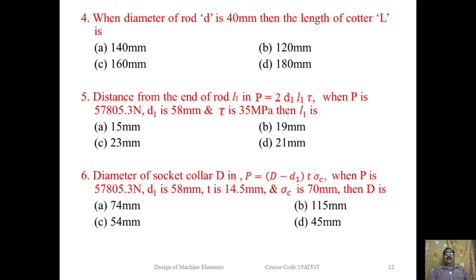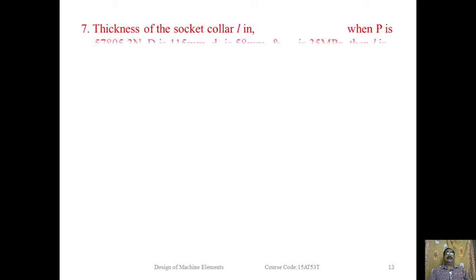The options are A, 74 mm; B, 115 mm; C, 54 mm; and D, 45 mm. After substituting the values, we can calculate the value of D as 115 mm, which is option B. So B is the correct answer.